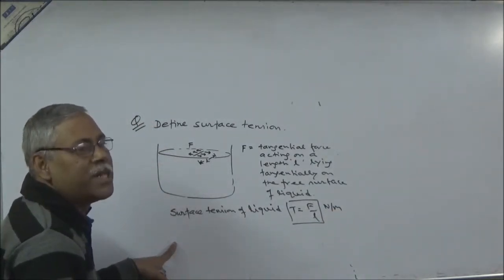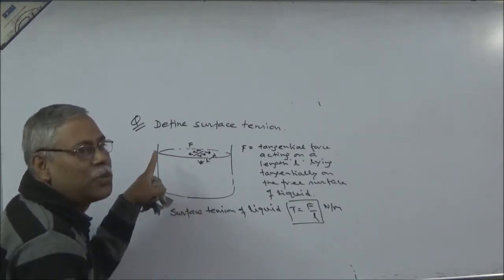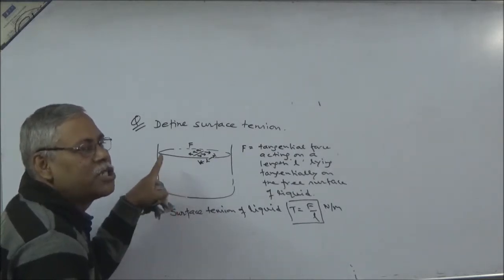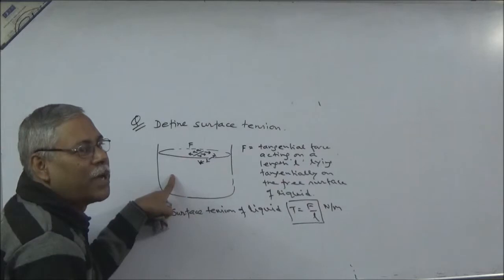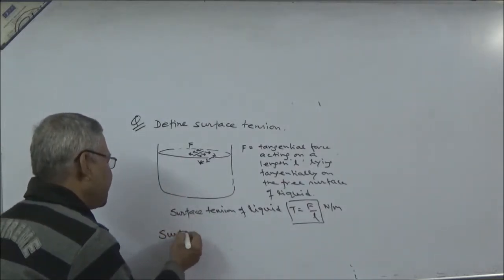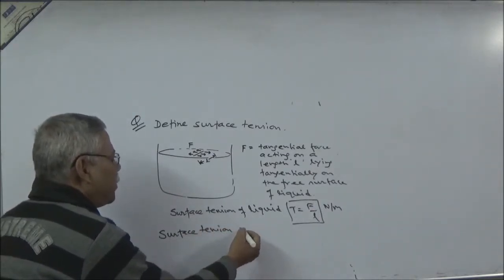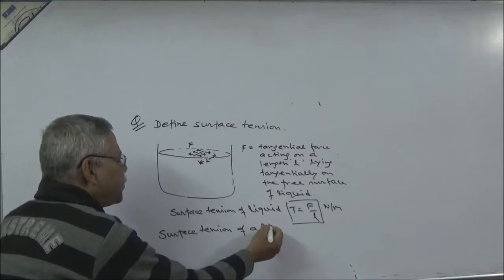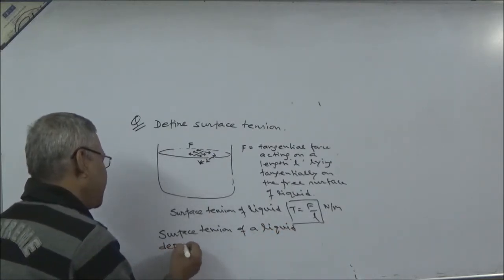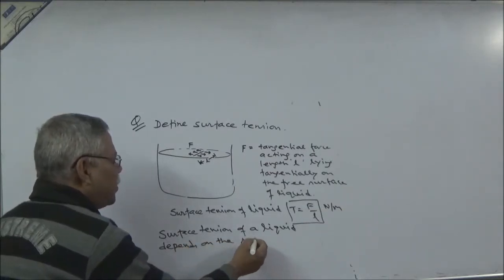It depends on the substance. Surface tension of water is 0.075 Newton per meter. Surface tension of mercury is 0.465 Newton per meter. Surface tension of a liquid depends on the substance of the liquid.